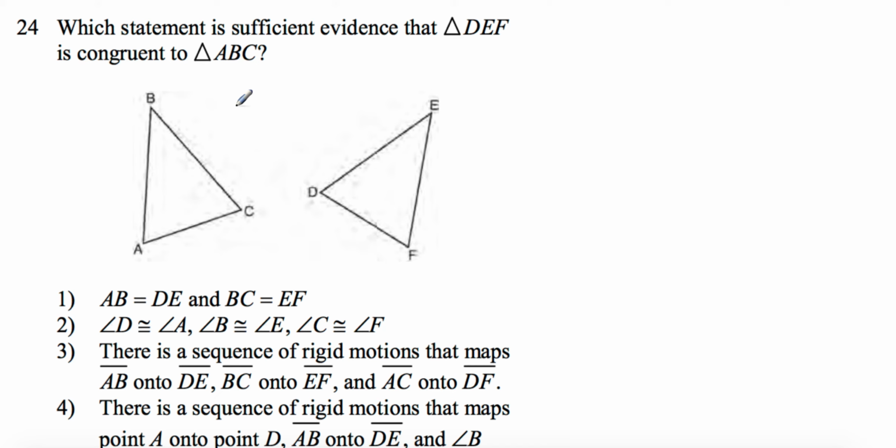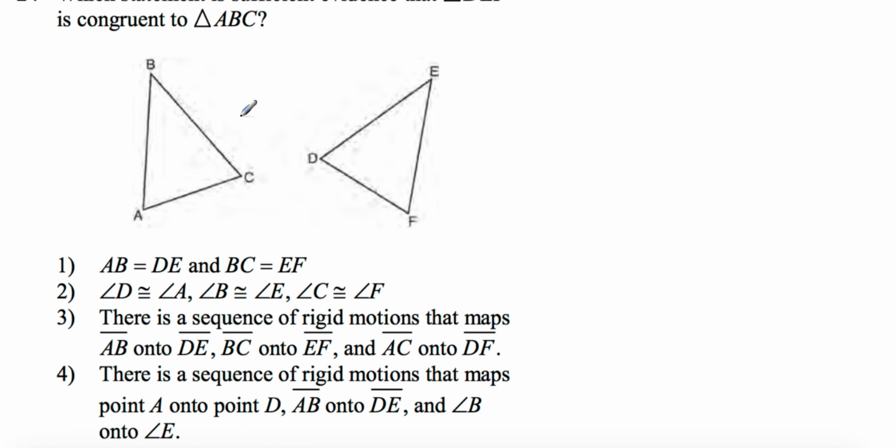Number 24, here we have, which statement is sufficient evidence that this triangle is congruent to this triangle? Then we have to realize that any one of the congruence theorems has to be satisfied, right? AB is congruent to DE, and then BC is congruent to EF.